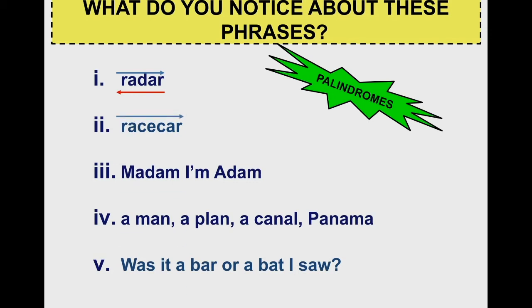And it will sound the same in the opposite way, race car. Okay, this is the third one, madam, I am Adam. Madam, I am Adam. Okay, students, you may try the rest by yourself.